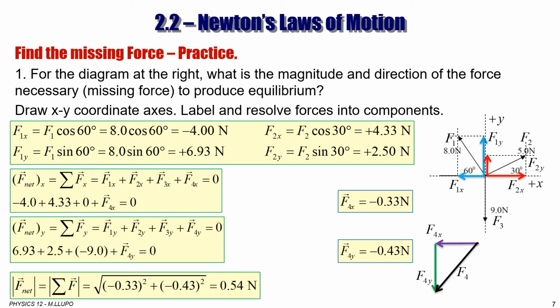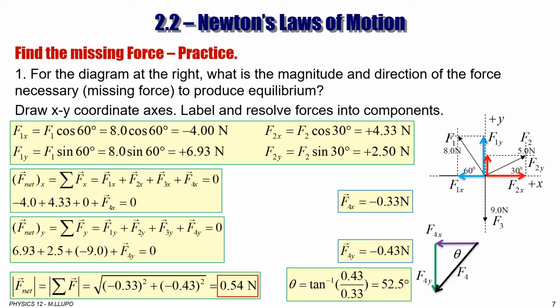And we can calculate the hypotenuse based on the Pythagorean theorem. So it's the square root of 0.33 squared. That minus doesn't really matter because it's squared anyway. Plus 0.43 squared will give you 0.54 Newton. And then we're ready to calculate the theta angle.